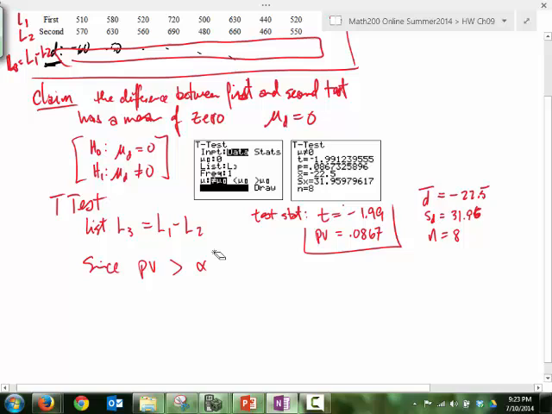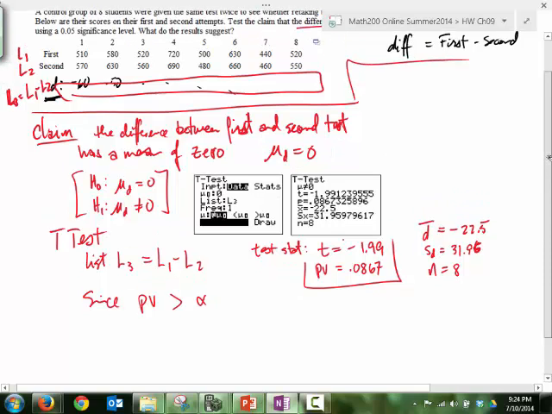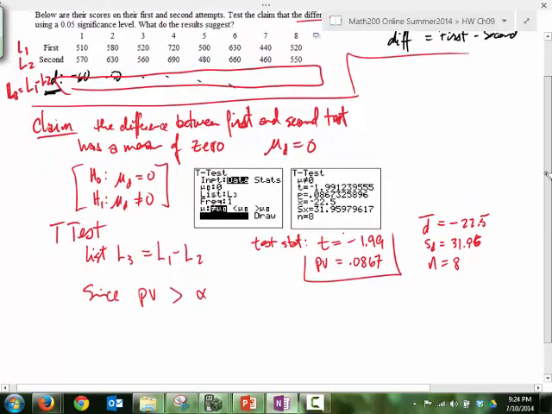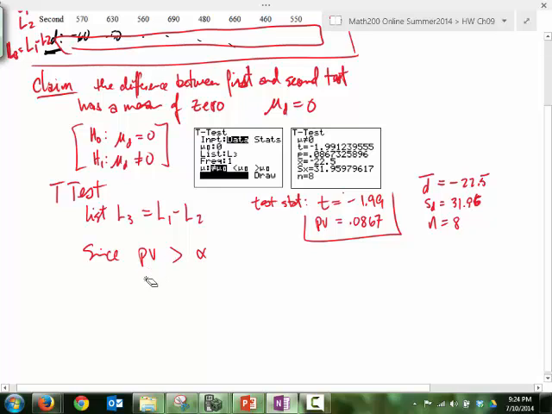So we had alpha is 0.05 or whatever it was. Since 0.08, or it's actually closer to 0.09, is bigger than 0.05, we what? We fail to reject the null hypothesis.